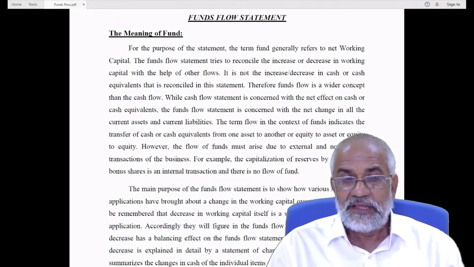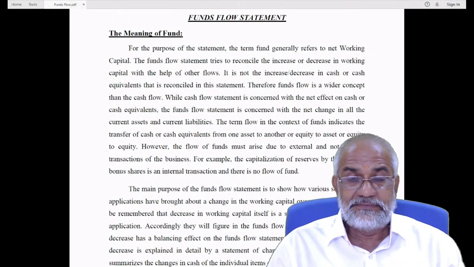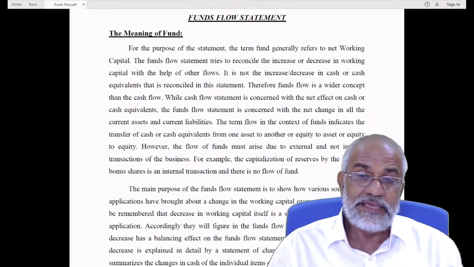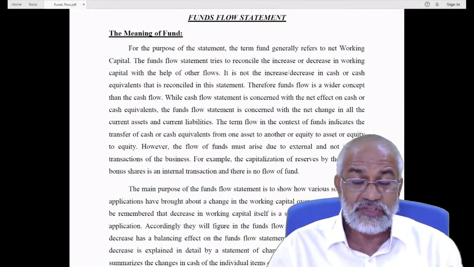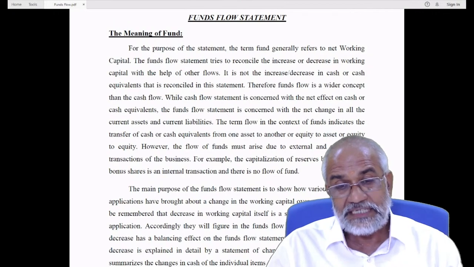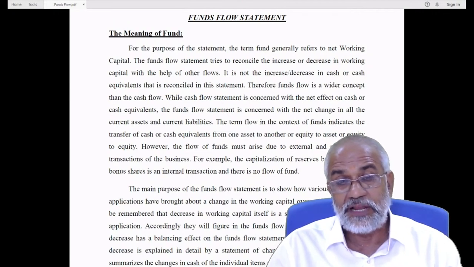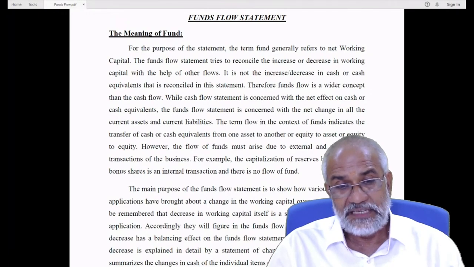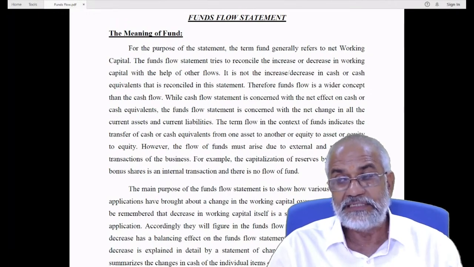How? When current liability, that means sundry creditor, is reduced by 3,000 rupees, and on the other hand, current asset is also reduced by 3,000 rupees on account of cash, because cash is paid to the creditors. So the equation of fund will remain same, because 3,000 is reduced from the current liability and 3,000 reduced from the current assets.